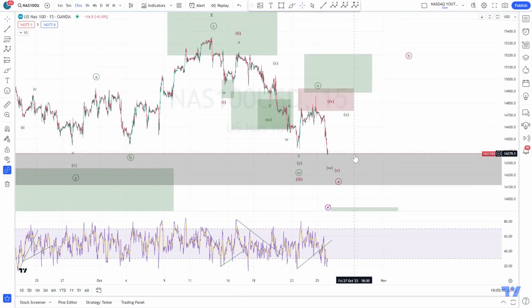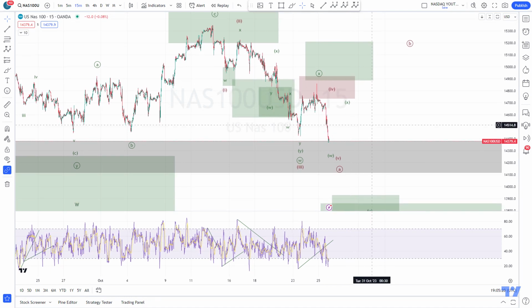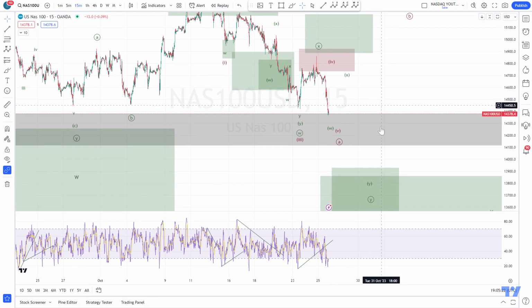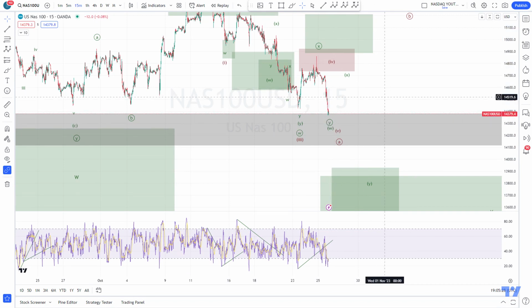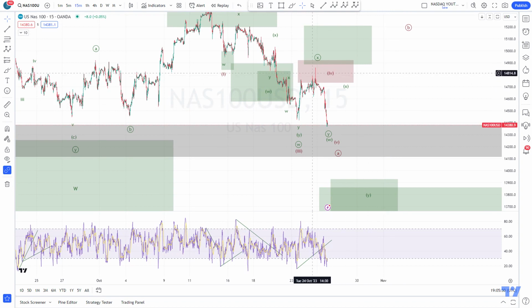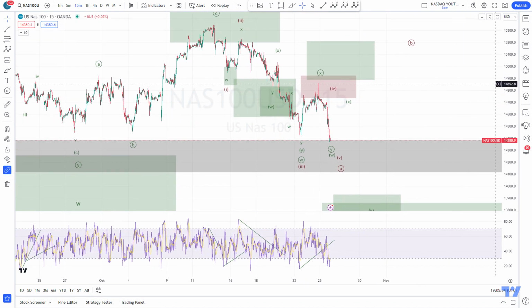I would expect that at this resistance zone, we should have some kind of reaction. And actually, the danger would be that we have this here. So just a very short wave Y, as you can see.